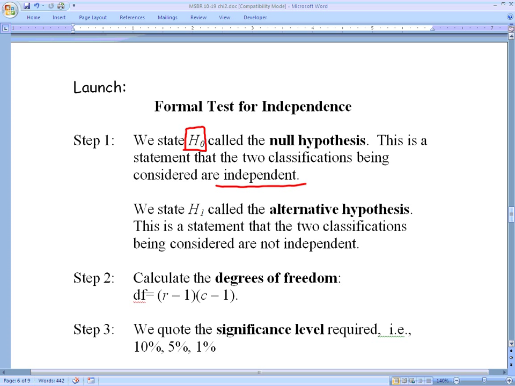The alternative hypothesis, H sub 1, is a statement that the two classifications being considered are not independent. So that would say something like gender and sleep are not independent, or there is a relationship between gender and sleep. You write down your two different hypotheses, your null hypothesis and your alternative hypothesis. And again, they're almost always the same sentences. You're just putting in your different categorical variables.